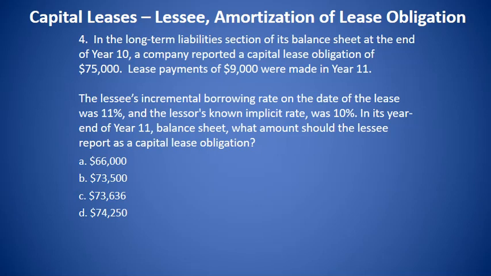The lessee's incremental borrowing rate on the date of the lease was 11%, and the lessor's known implicit rate was 10%. In its year-end year 11 balance sheet, what amount should the lessee report as a capital lease obligation? So again, go ahead and stop your video, and when you're ready, restart it for the answer.